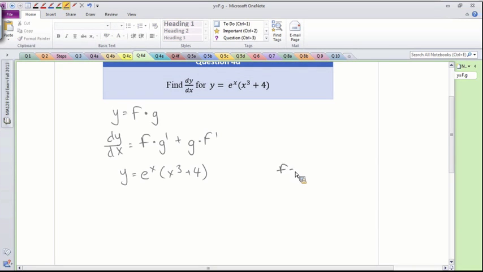So f prime: what's the derivative of e to the x? That's a special derivative, which is just e to the x. The derivative of e to the x is itself. For g prime, we'll use our power rule. The derivative of x to the third is just 3x squared, and the derivative of 4 is 0, so we'll leave that out. Any questions so far?